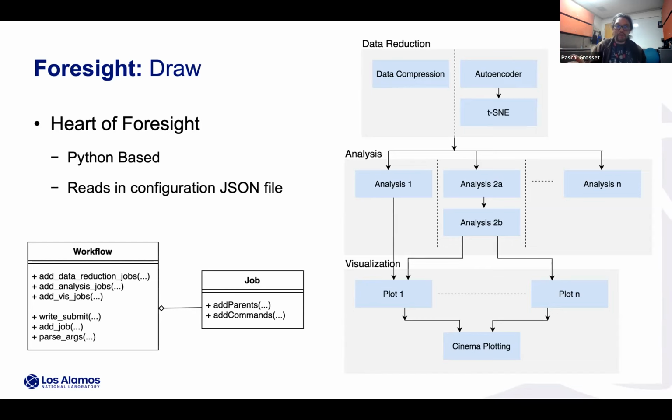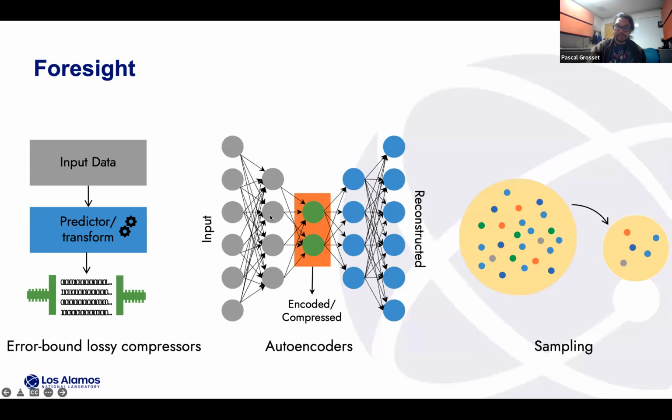Once you have specified in the input JSON file what analysis, reduction, and visualization you want to run, the workflow will schedule batch jobs for all components of these, launch them, and establish dependencies between one and the other. An example is shown here.